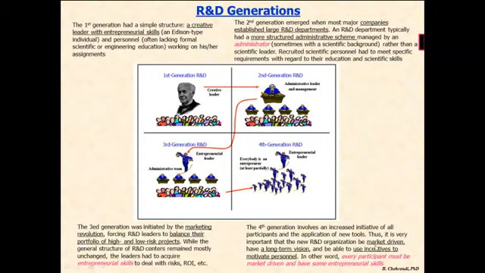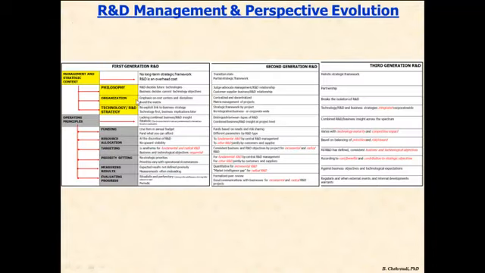Here it is very important that this new organization be market-driven, have a long-term vision, and be able to use incentives to motivate personnel. In other words, every participant must be market-driven and have some entrepreneurial skill. However, here we'll go into more details and attributes from the management and strategic perspective and also operation.